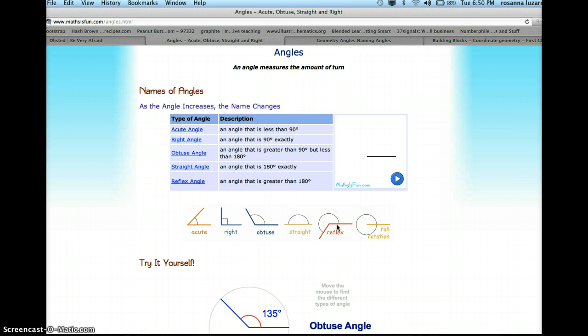Now, to make sure that you know what you are measuring, normally you will see this symbol. If you see this symbol, that means you are measuring your angle from this line going to this line. So this is a reflex, but the inside here is not a reflex.